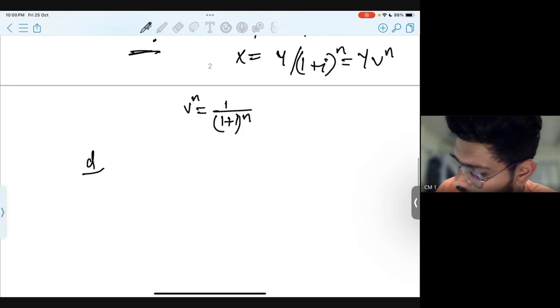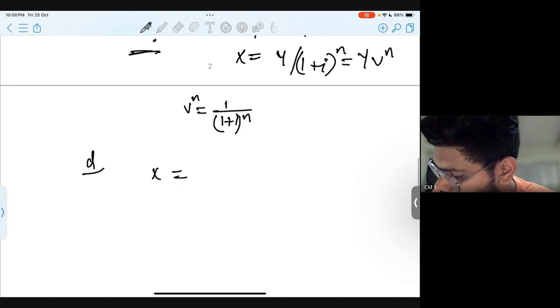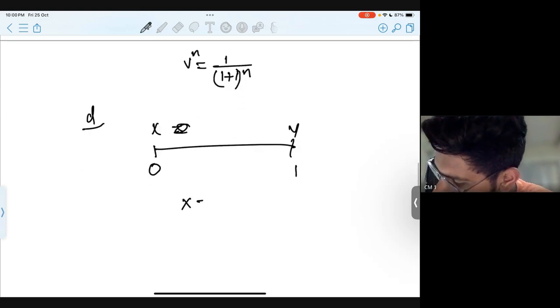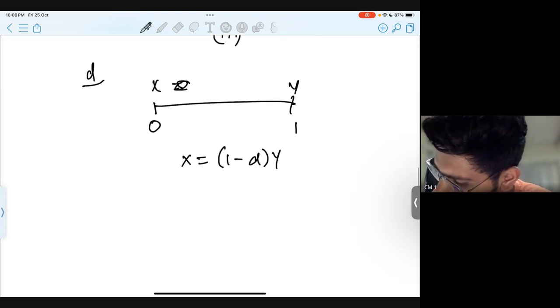So what is D? X is equal to 1 minus dy. ठीक है?